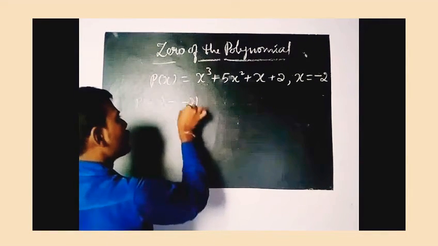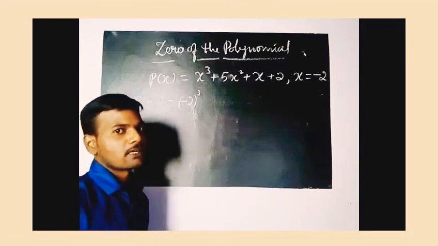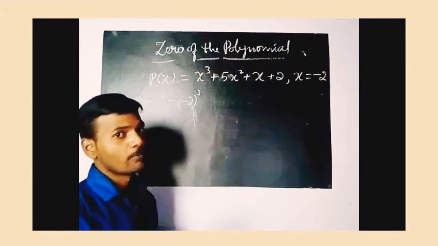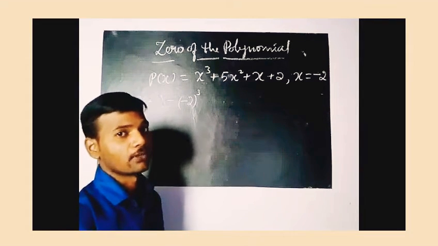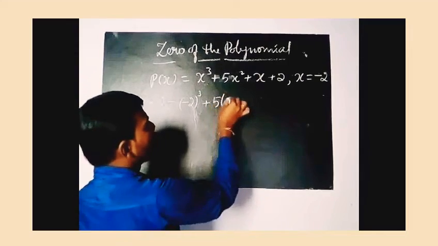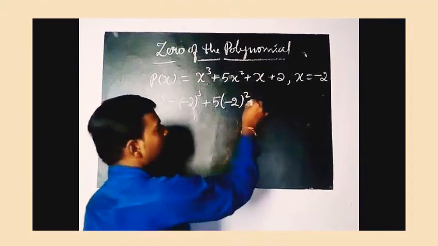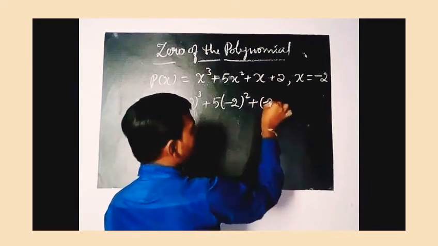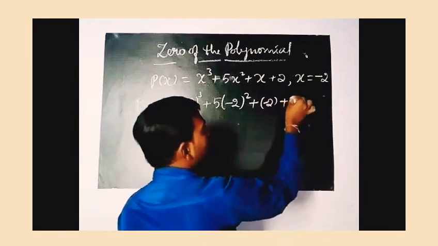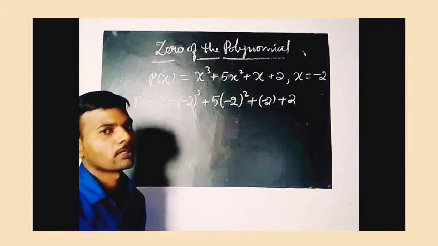Minus 2 whole cube. Whenever negative numbers are given and powers are there, you have to write the whole thing in brackets with that negative sign. Plus 5 into minus 2 whole square, plus x is minus 2, plus 2. Whenever negative numbers are given, you have to put the bracket for that.